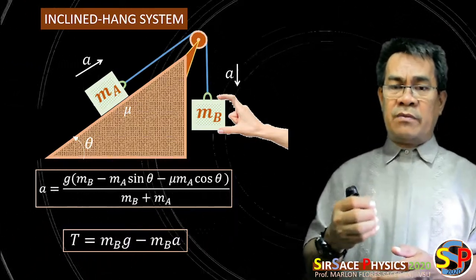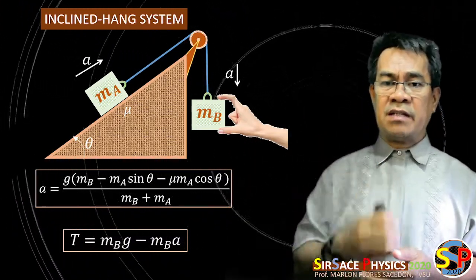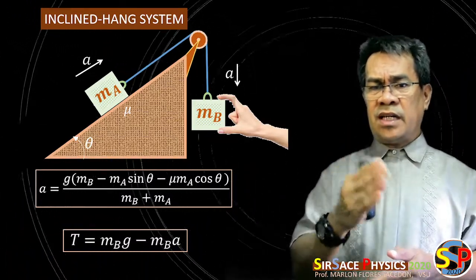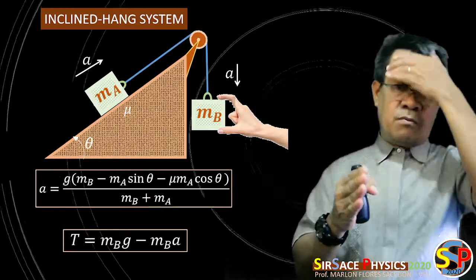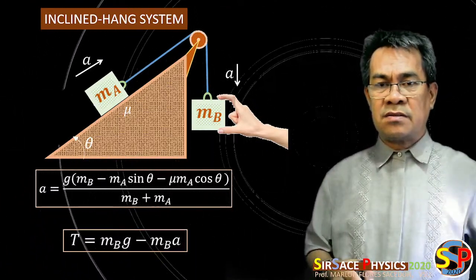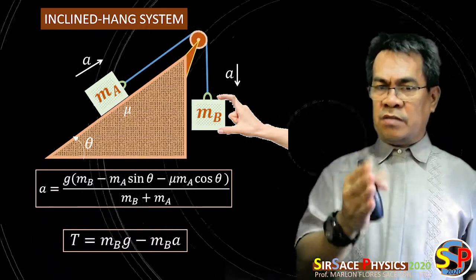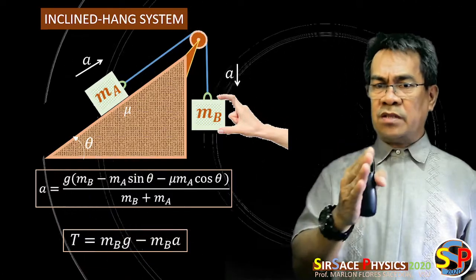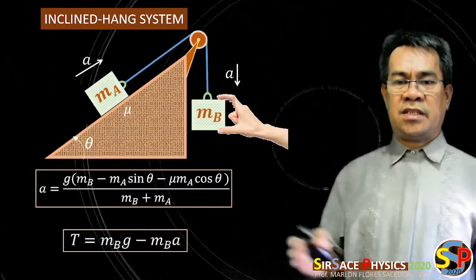Looking at the formula, it is the weight of mass B subtracted by m g sine theta. M g sine theta, take note, is the component of the weight along the incline. It is negative because in our assumption, the component of weight is towards the negative x-axis.